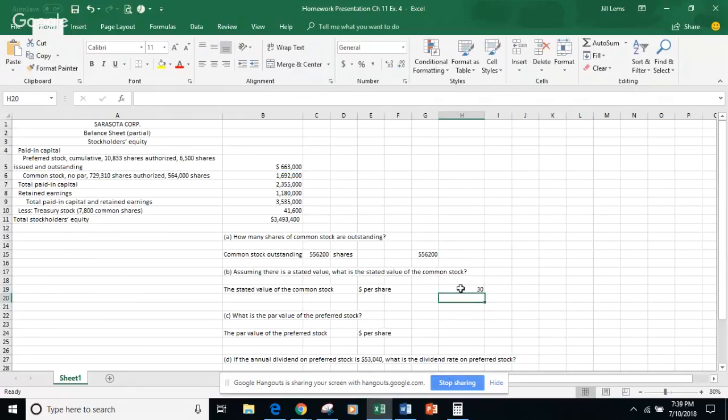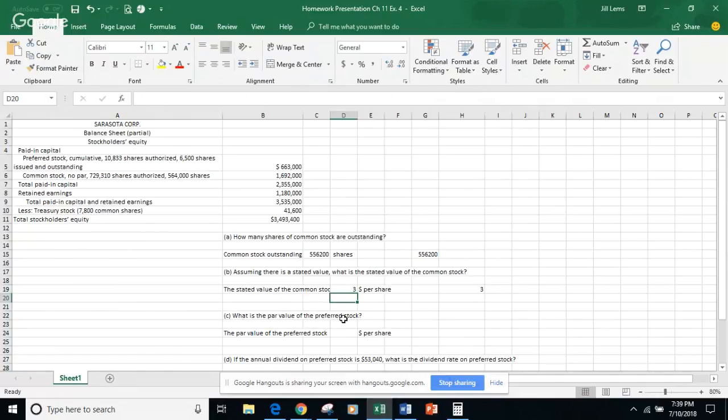And that is going to give us, something went wrong. That should be $3. So that's going to give us $3 per share.